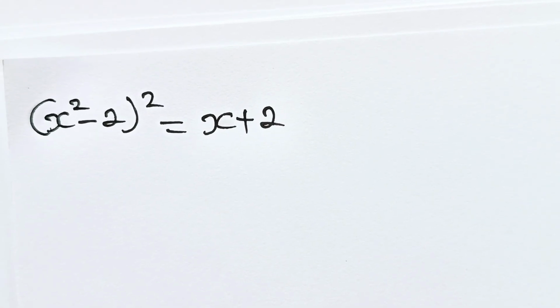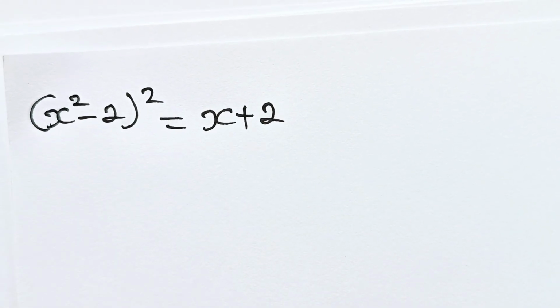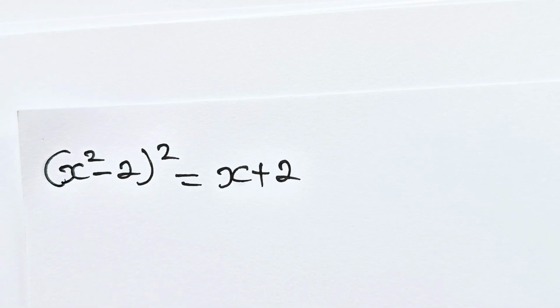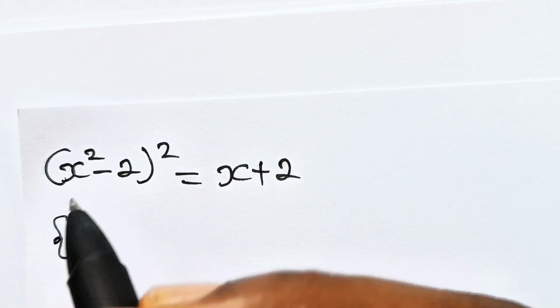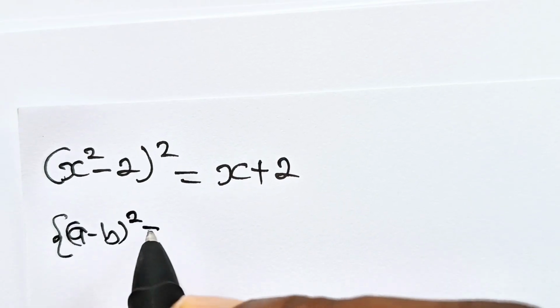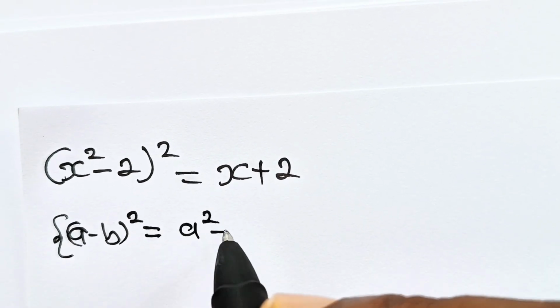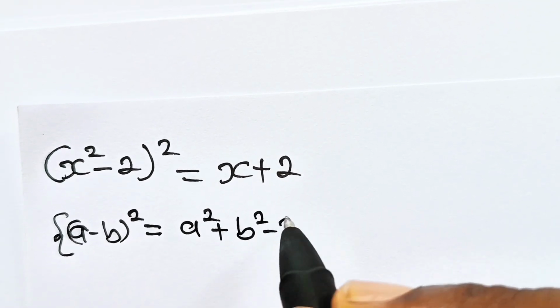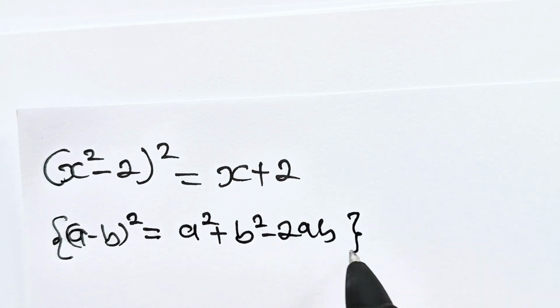First, we are going to solve the left-hand side of this equation using the algebra identity that states that (a - b) squared is equal to a squared plus b squared minus 2ab.